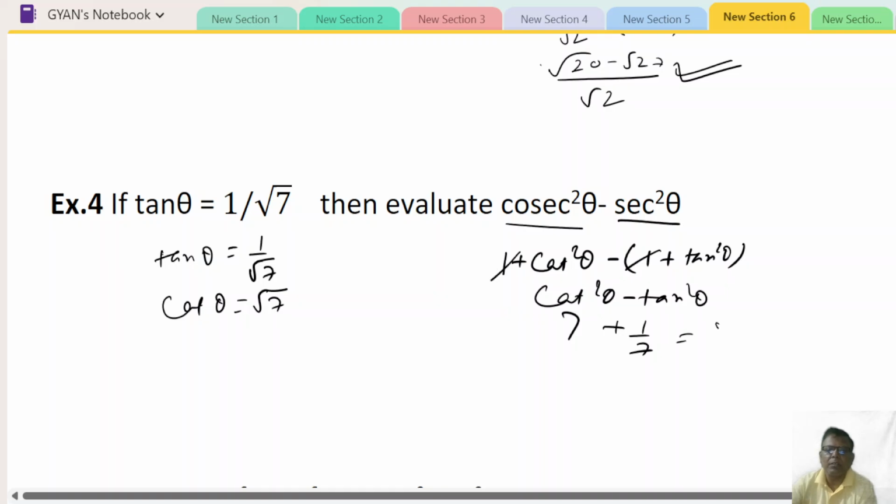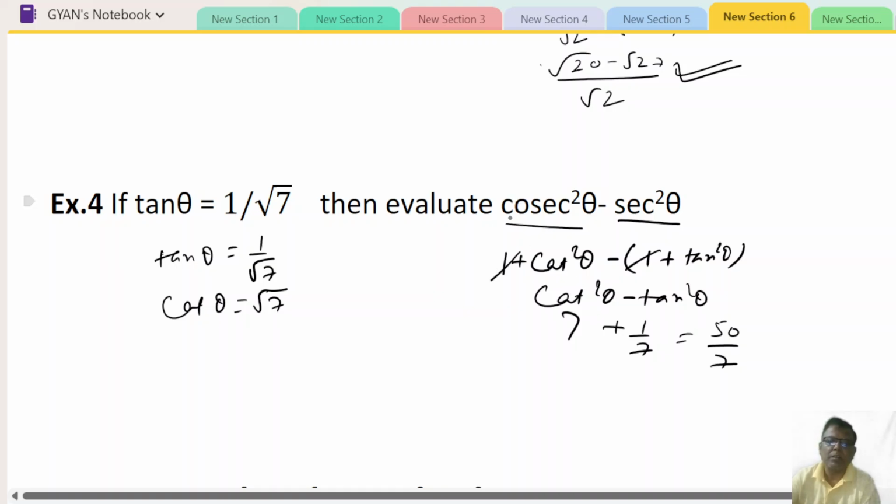Then it is equal to 50 by 7. That is the answer. Which question number is this? Fourth. Actually, the question is not only this.